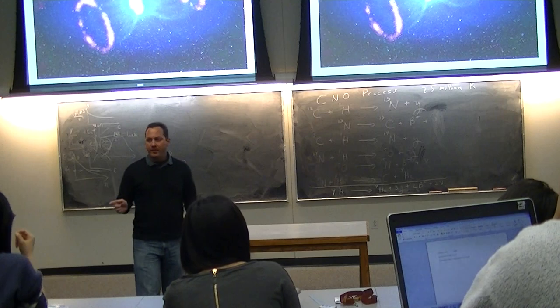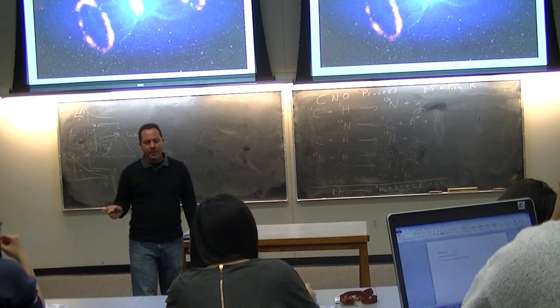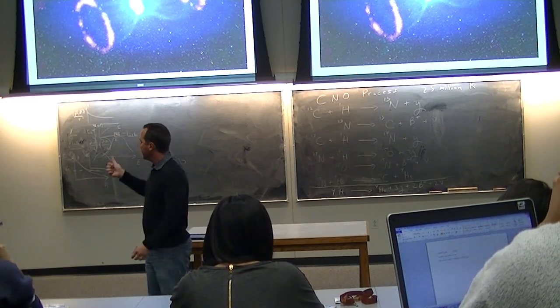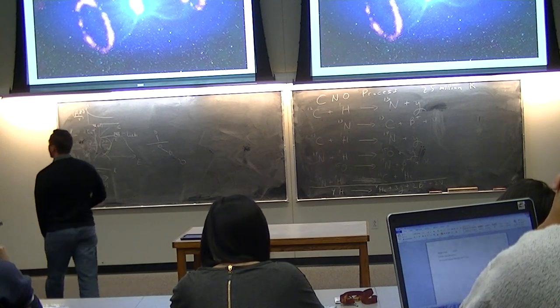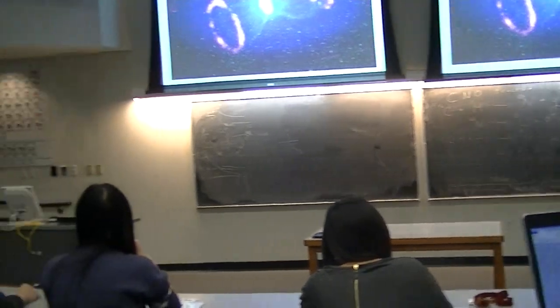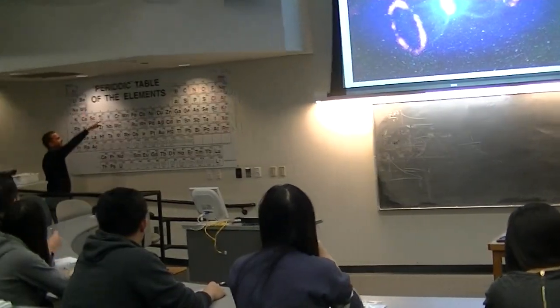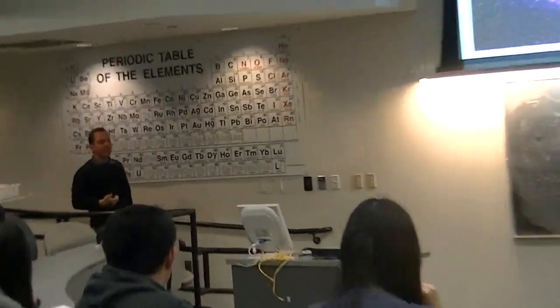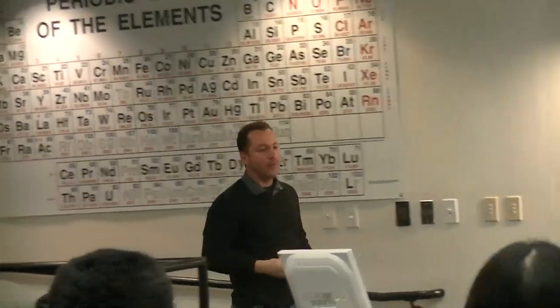The only exception, and I don't know if I told you this in the previous class, is lithium, beryllium, and boron. Lithium, beryllium, and boron cannot be created in stars. They are too unstable at high temperatures. They just decompose.